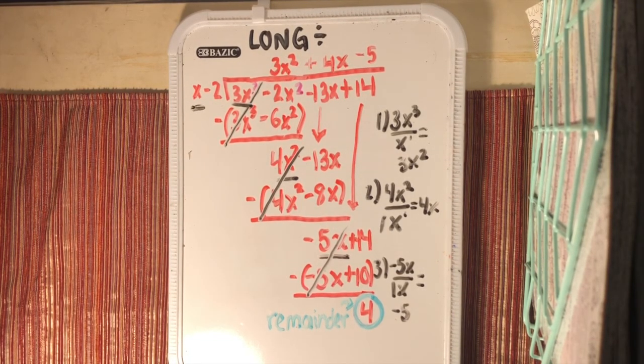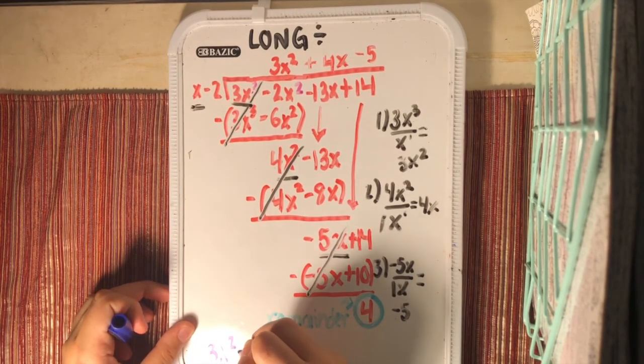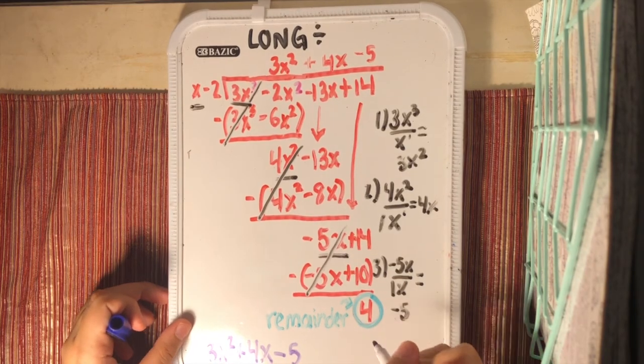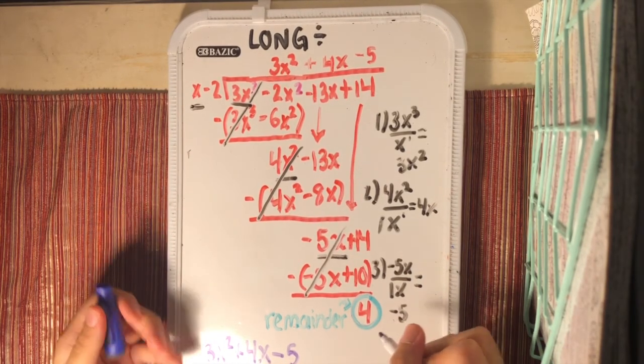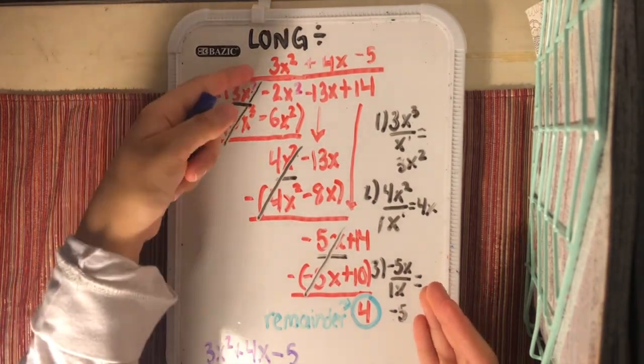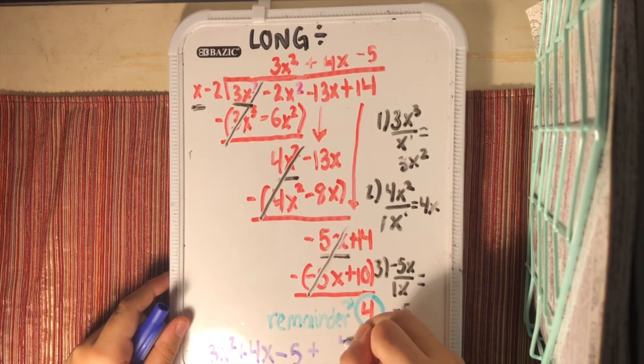And all we have to do is write 3x squared plus 4x minus 5, that's our quotient. And then how we incorporate this remainder into our answer, because that just can't be left behind, right? Otherwise this answer is incorrect. We're going to do plus 4 because it's positive, 4 over x minus 2.